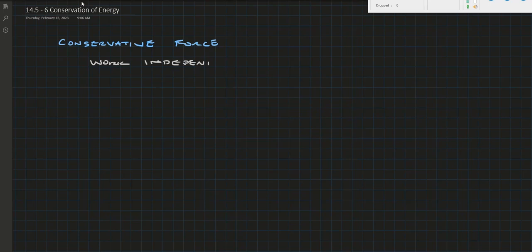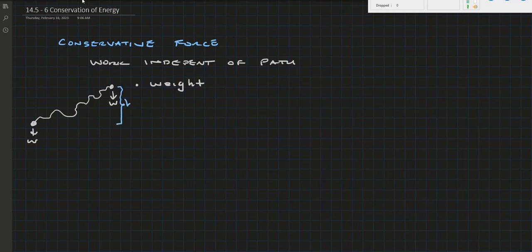Forces that typically fall under this category are forces like the weight. It doesn't matter what path you take as you raise an object up in the air, the work that is done is dependent on the height you raise it.